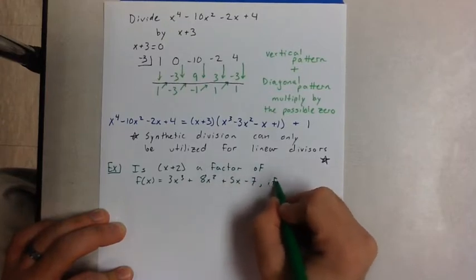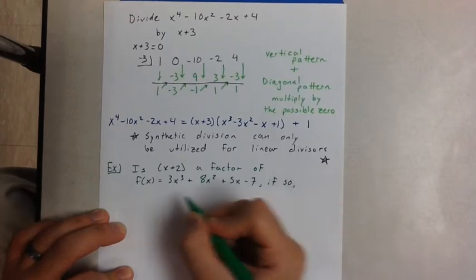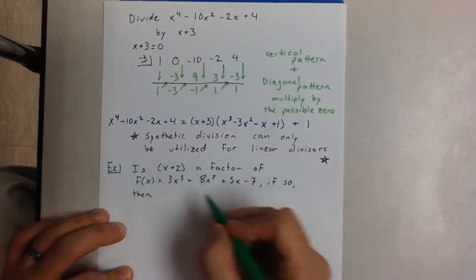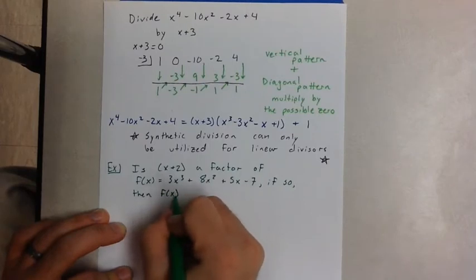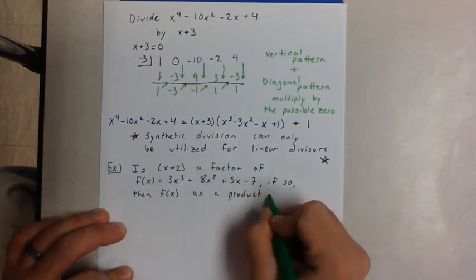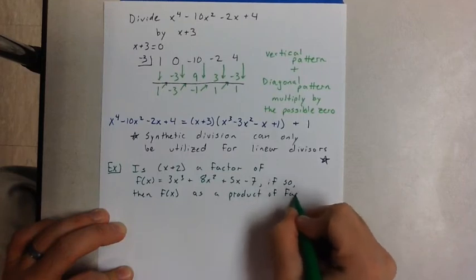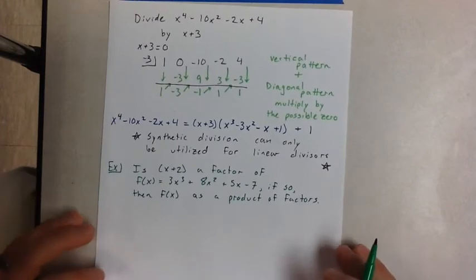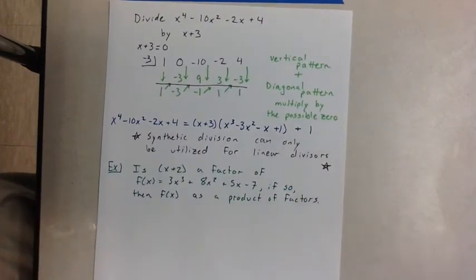And if it is, then write this function as a product of factors. So then write f of x as a product of factors. Okay. So how do we determine if a linear term is a factor of a polynomial?